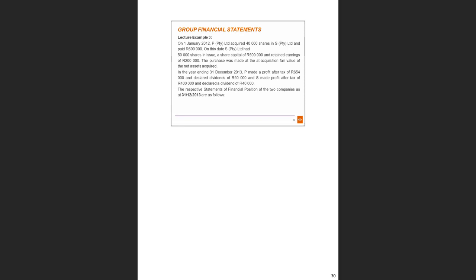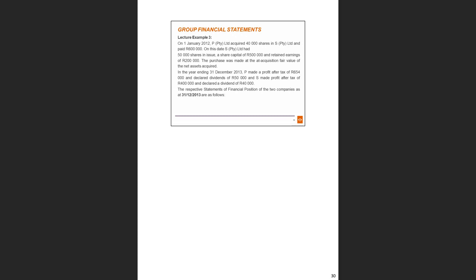On the 1st of January 2012, PPTY Limited acquired 40,000 shares in SPTY Limited and paid 600,000. On this date, SPTY Limited had 50,000 shares in issue and a share capital of 500,000 and retained earnings of 200,000. The purchase was made at acquisition fair value of the net assets acquired.